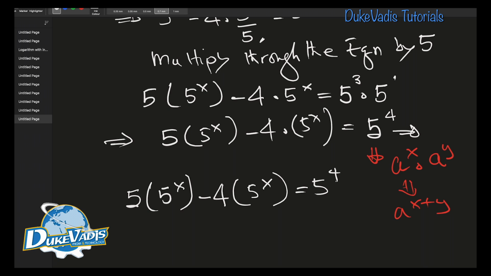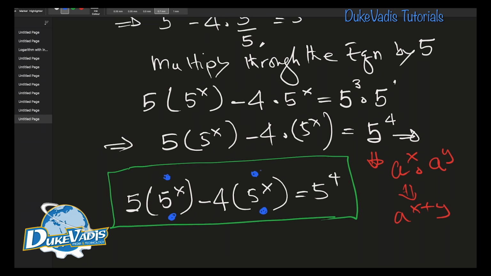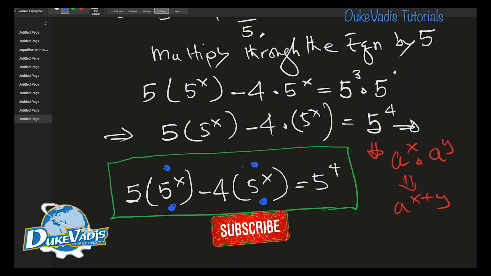Are we all right? Now, by looking at the equation that we have arrived at, when we look at this equation very carefully, you see that we have something that is very common to the equation. We have this and that, they all have exponent x. So what can we do? How do we solve this question?